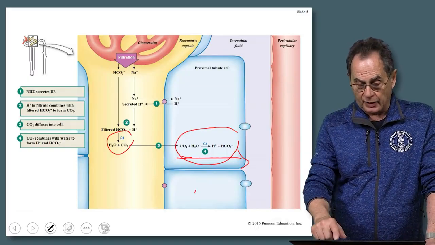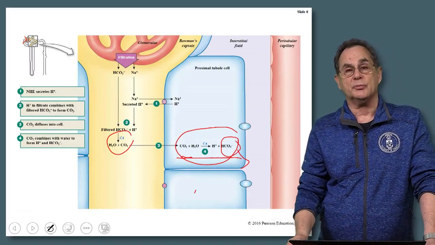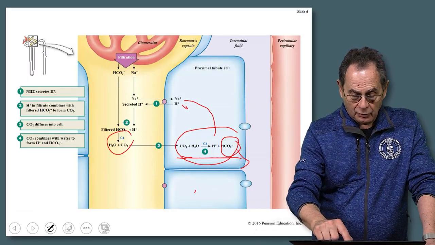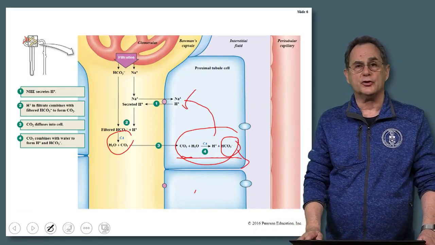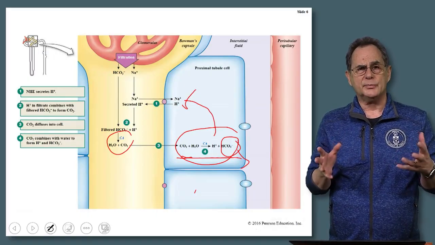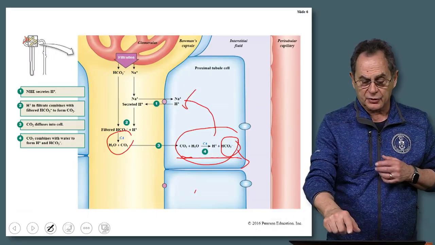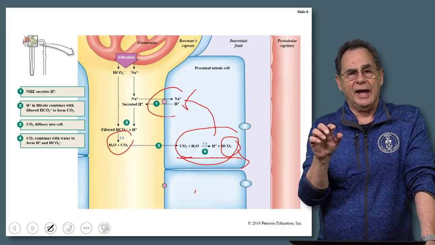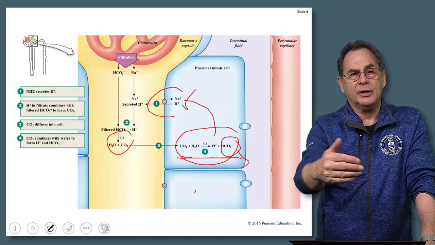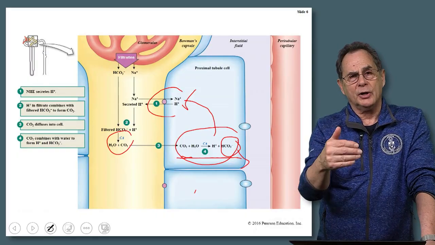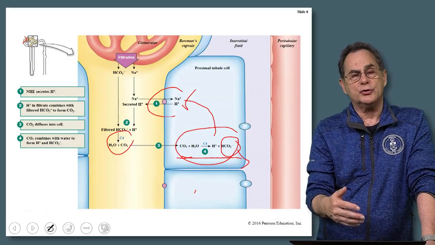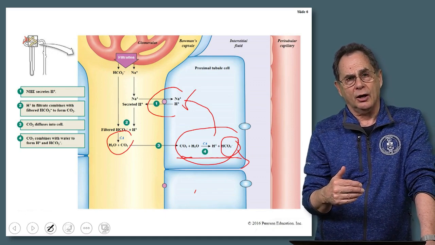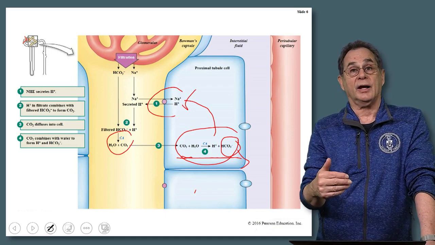As a consequence, bicarbonate is reabsorbed and regenerated, and the hydrogen ion then moves back to be secreted, so that the reabsorption of bicarbonate is dependent upon sodium-hydrogen exchange. It's dependent upon an equilibrium that shifts the bicarbonate and hydrogen ion to H2CO3 to H2O and carbon dioxide by virtue of a carbonic anhydrase.